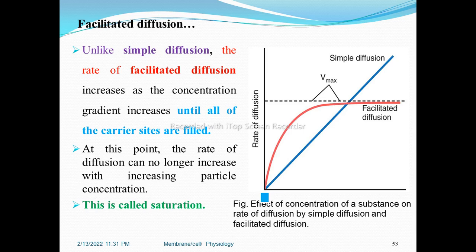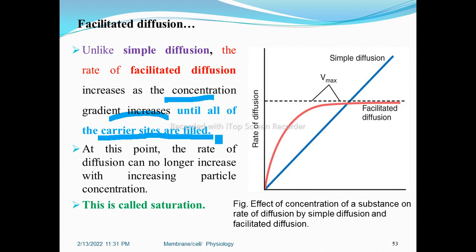In facilitated diffusion, carriers are saturable. So flux increases with extracellular concentration only up to a certain point. There is a limitation. Unlike simple diffusion, the rate of facilitated diffusion increases as the concentration gradient increases until all the carrier sites are filled.